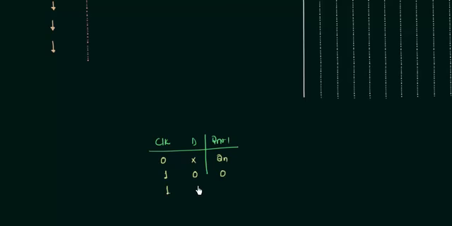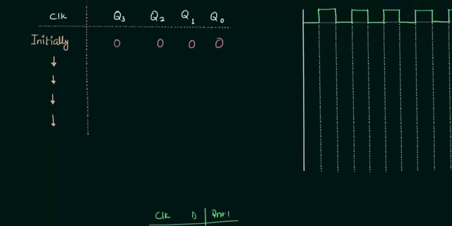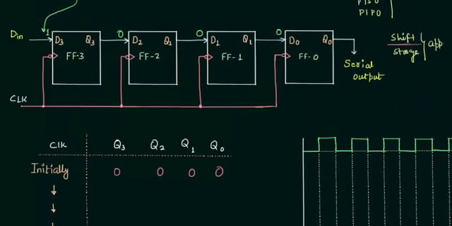If clock is high, D is high, output is going to be high. So simply it is used for data storage. If I want to store 0, I will give D equal to 0, and I will have next state equal to 0. If I want to store 1, I will make D equal to 1, and the next state is equal to 1. That's why I have used D flip-flop, because it is used for simple data storage.